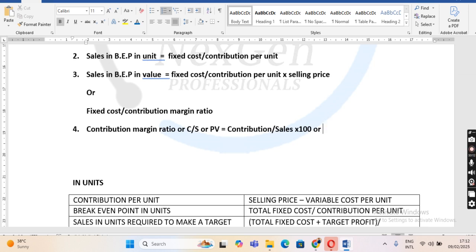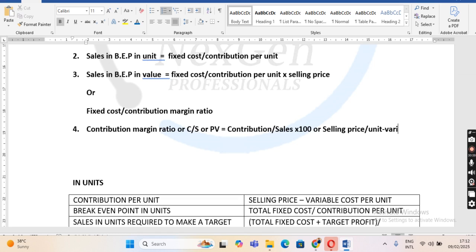If you use total sales, you use total variable costs. If you use selling price per unit, you use variable cost per unit, whichever one. Let me use selling price per unit.